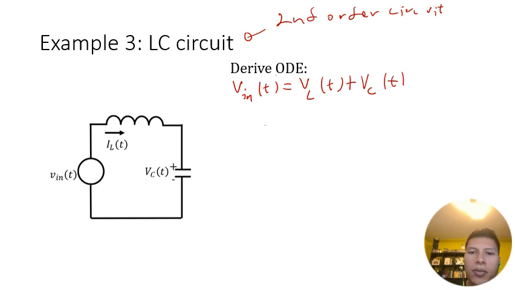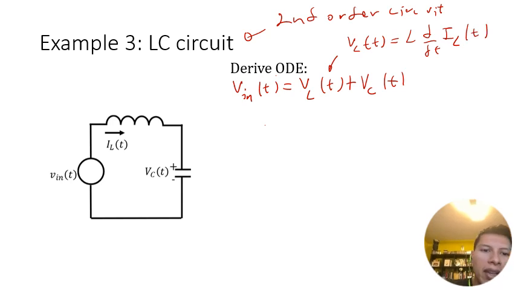To do that, we need to get rid of VL, so we have to realize that VL of t is equal to L d/dt of IL of t. But remember that IL of t is also equal to the current going through the capacitor, which is equal to C d/dt Vc of t.